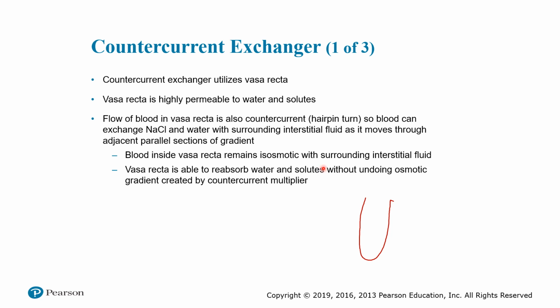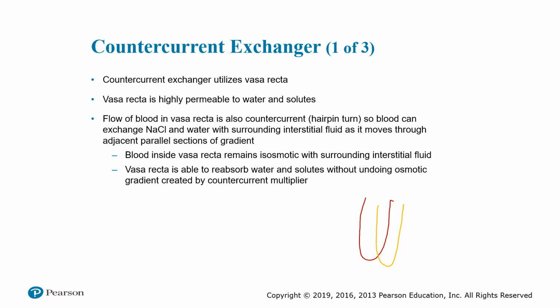So this is important. What does it mean? Just imagine there is a tubule lying with the vasa recta. The osmolality in the vasa recta is the same as the osmolality present in the interstitial fluid. It is isosmotic with the surrounding interstitial fluid.